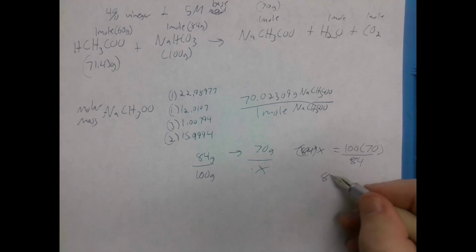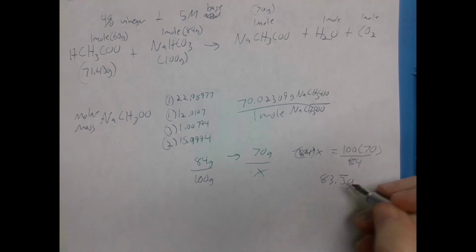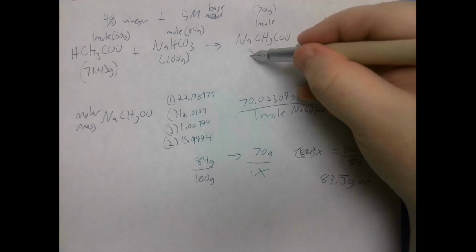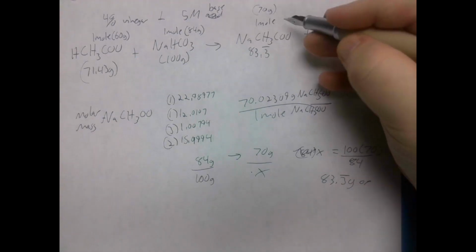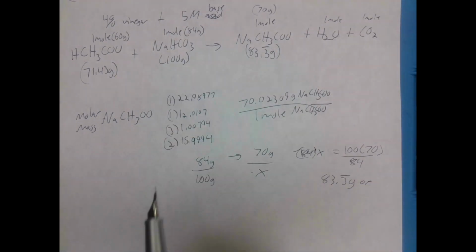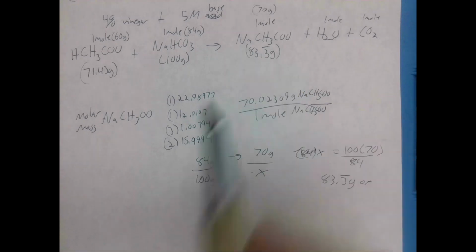I will produce 83.3 grams of sodium acetate. So mixing 100 grams with 100 grams, I get 83.3 grams of that.